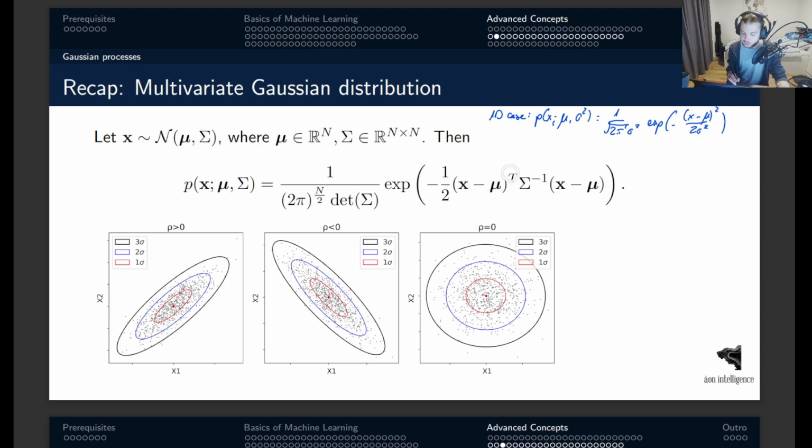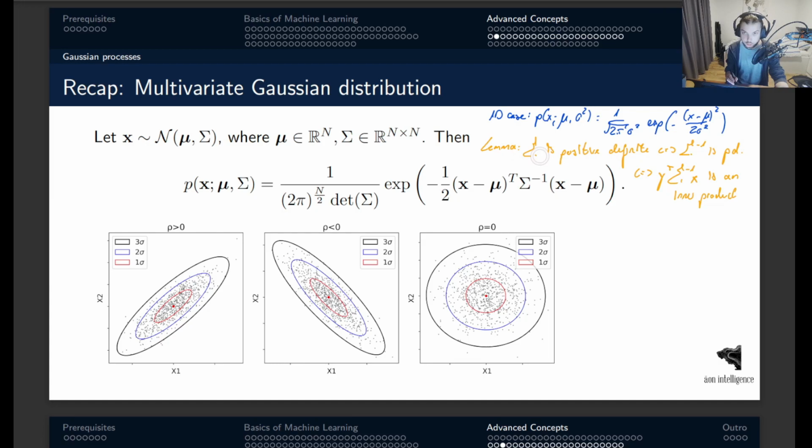This x minus mu transpose x minus mu is like squaring this vector x minus mu. And this is what we have in the univariate case also, x minus mu squared. And this inverse of the covariance matrix sigma, in the univariate case, we have the inverse of the variance of our random variable. And this would be 1 over sigma squared, which we have here also. So this is the generalization of the standard normal density for multiple dimensions.